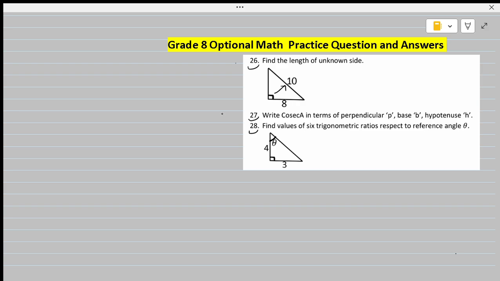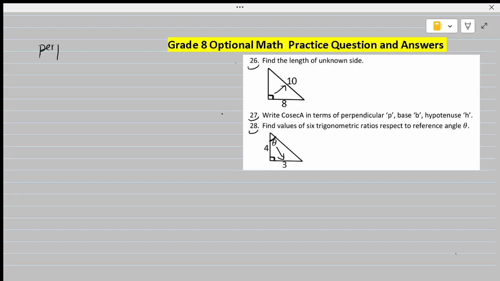Okay, so what's here? See, find values of all 6 trigonometric ratios with respect to the reference angle theta. So here all three sides are not available, is it? So which sides were available? Let's see first. So with respect to theta, its opposite side is 3, that is perpendicular, is it?